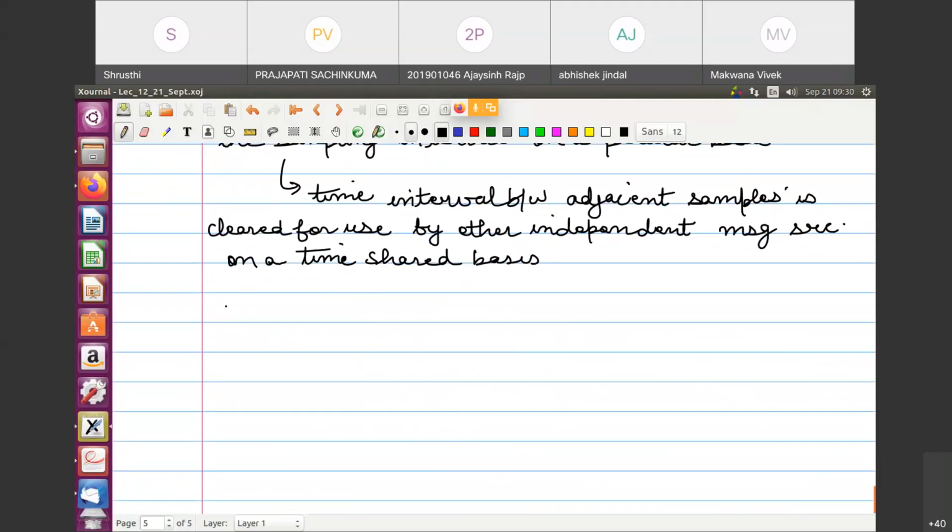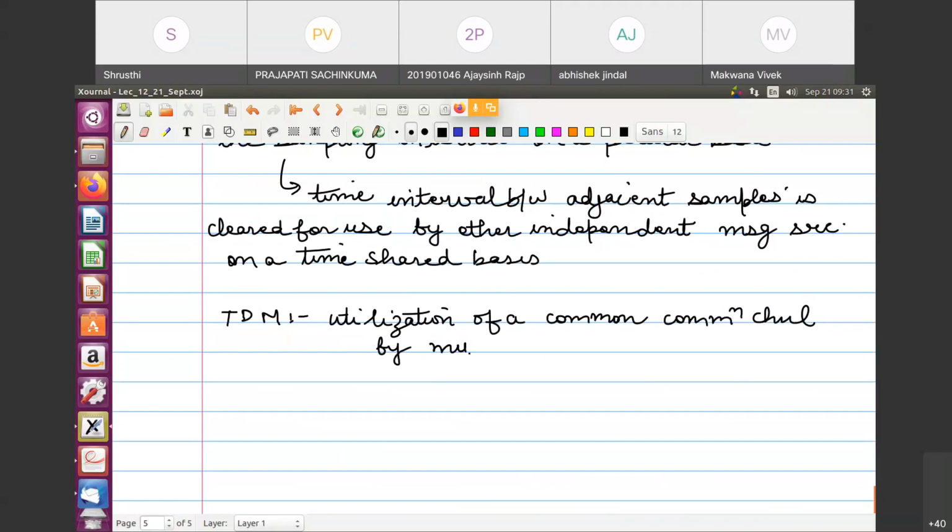So this TDM is basically utilization of a common communication channel by multiple independent message sources without interference.